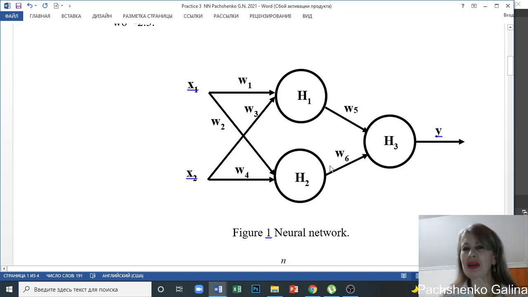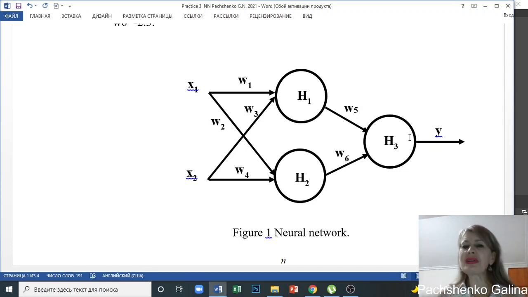How to find the output of this neural network? First of all, we need to find the output of neuron 1, then the output of neuron 2. These 2 outputs will be input to neuron 3. And how to calculate the output of 1 neuron with 2 inputs? We did it in our practice 1 and practice 2.